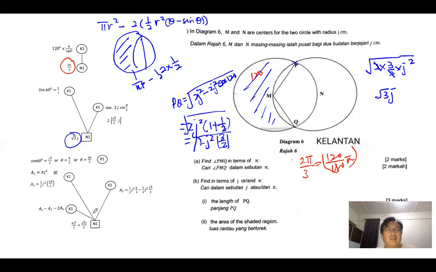So you should get the answer. So you can try out A2, this one. Right, so you can try out A1 minus A2, all right?